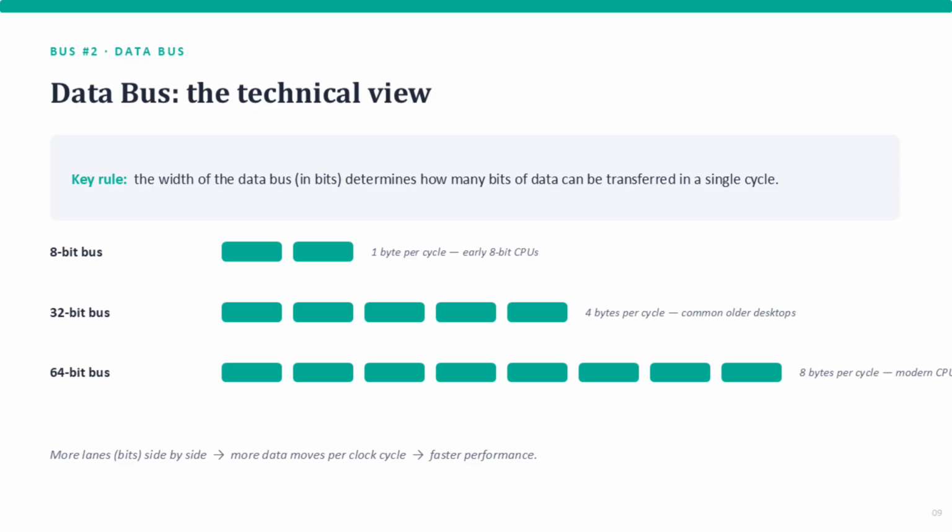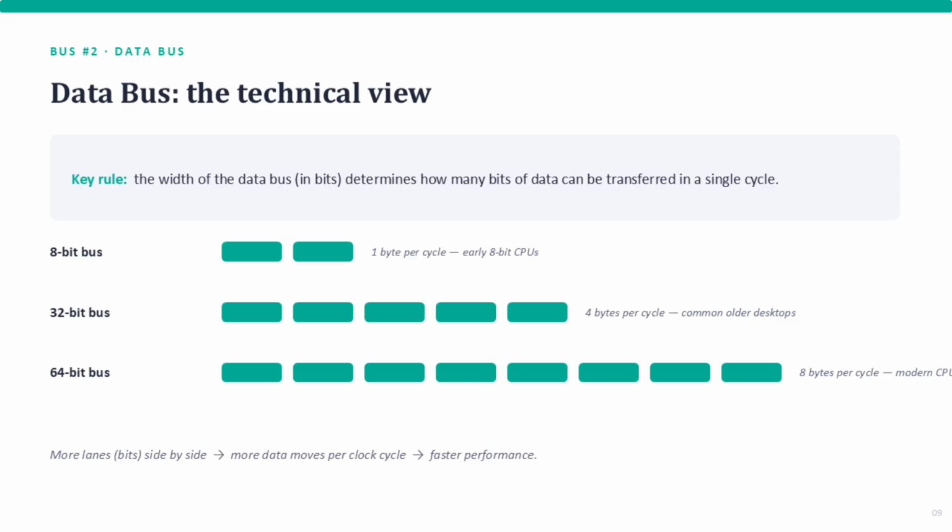That's why your slide concludes with an important statement: more lanes mean more data transferred per clock cycle, which generally improves data transfer performance. Now it's important not to confuse this with the address bus.